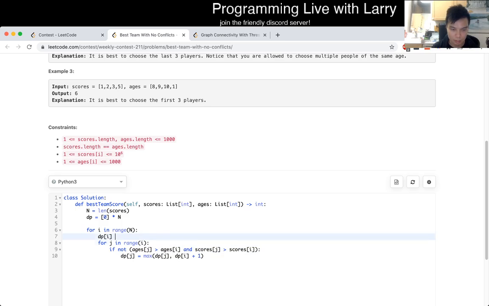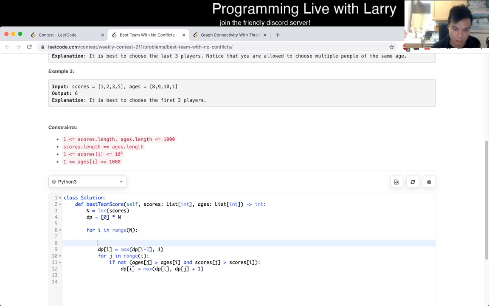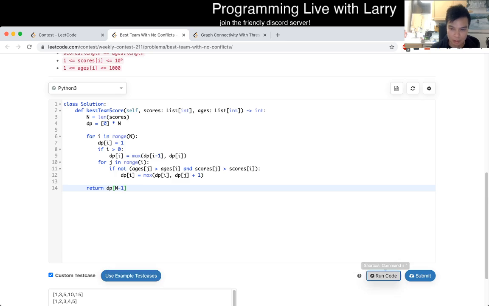Oops. This is not right because I have to sort.